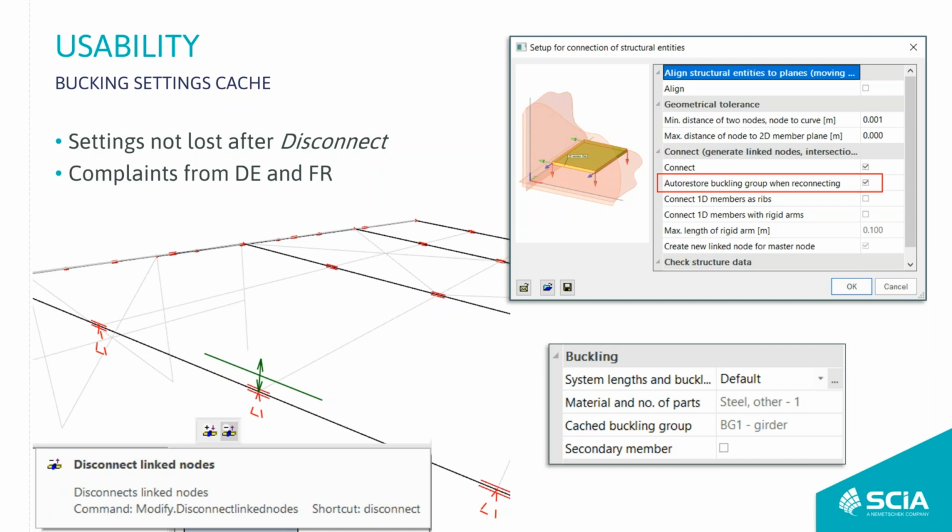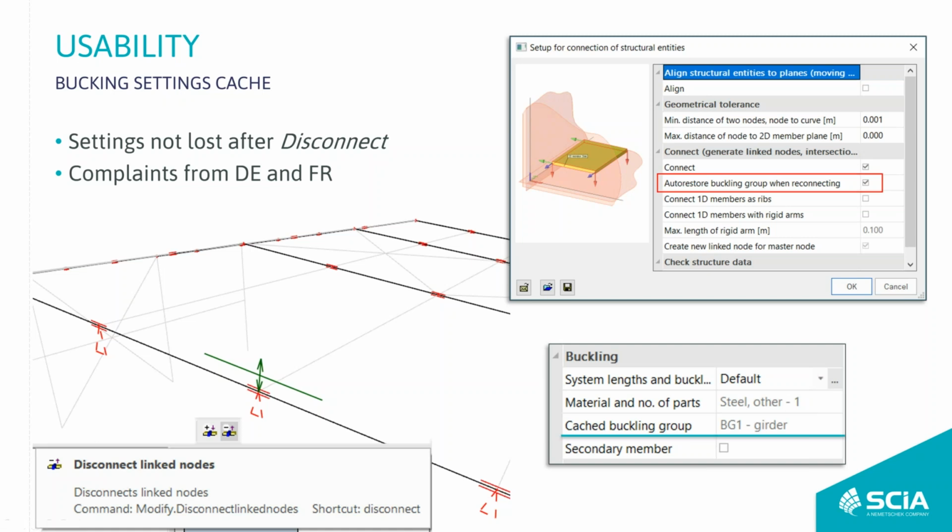So once you define the buckling settings, they're cached, they're stored, nothing is lost, and then you can easily use them. Here is the screenshot from the buckling settings where you can see that for the member it is set that it's cached as a buckling group.